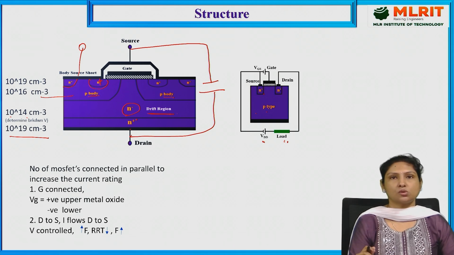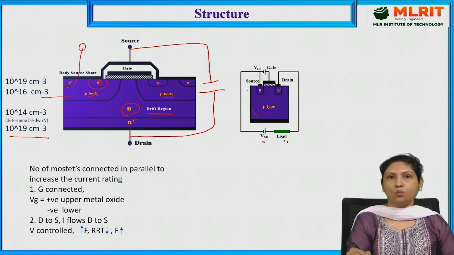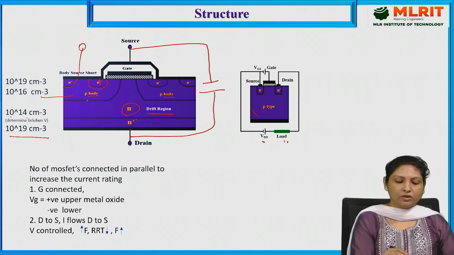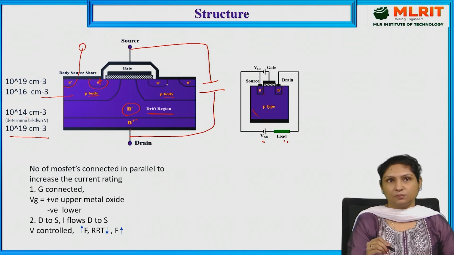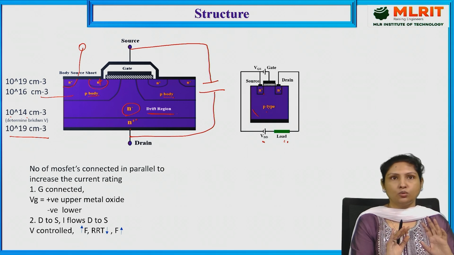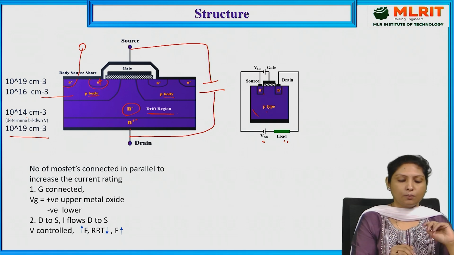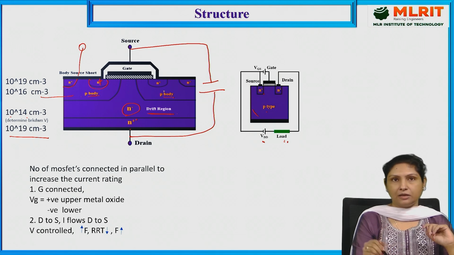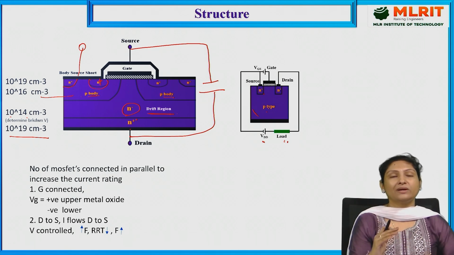So initially, if you see, here there is only one MOSFET, and here this is one of the MOSFETs, and even this is looking like another MOSFET. This is because in a power MOSFET, in order to meet the high power rating capability, a number of MOSFETs are connected in parallel such that the current rating of this particular MOSFET can be increased.